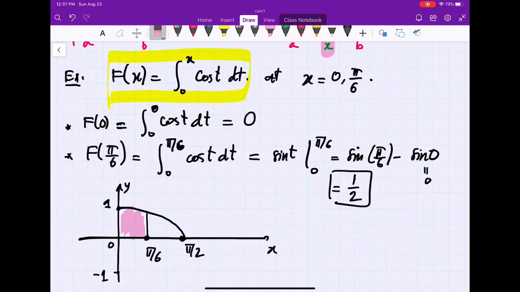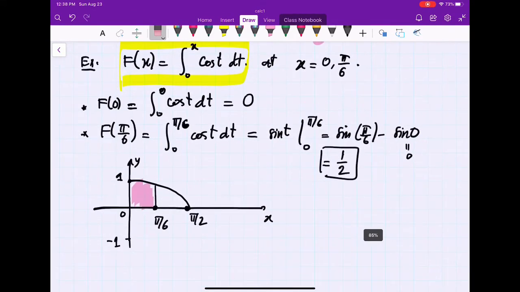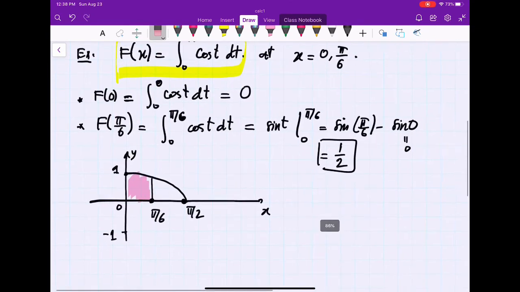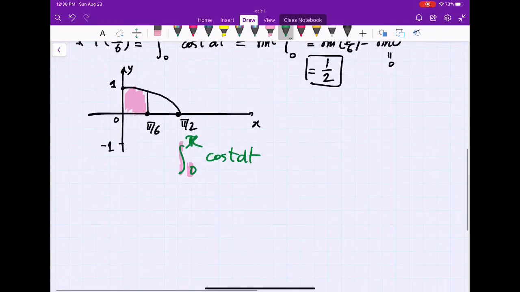We might solve this problem in a different way. Look at this. We evaluate the definite integral first, and then we plug 0 and pi over 6 into the answer. So your integral from 0 to x of cosine t dt is sine t evaluated from 0 to x.